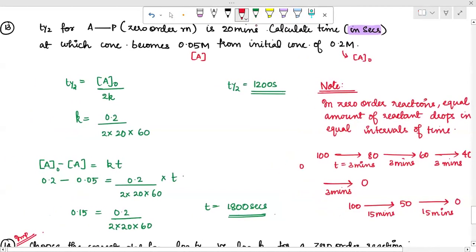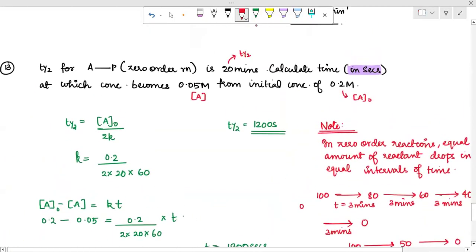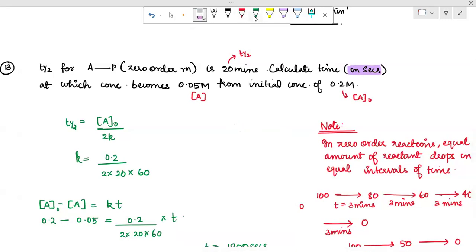Let's see how. What is the question given? The question says that t is equal to 1200 seconds, and the half-life is 20 minutes. So we start with 0.2 molar.